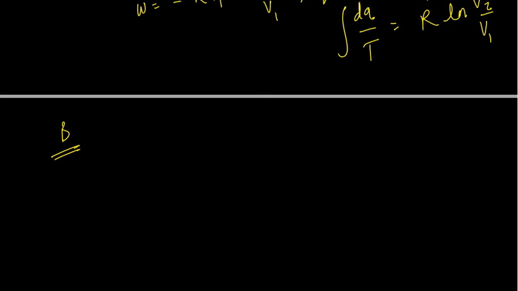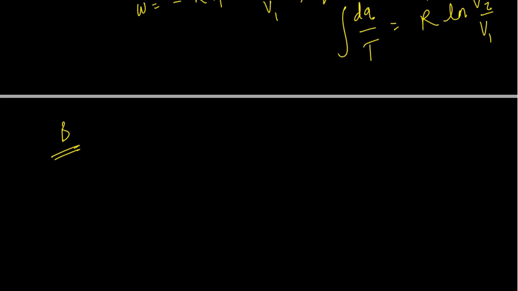Yeah, I mean you can just write it as CP, or CV. Okay, it's an adiabatic path B, right?